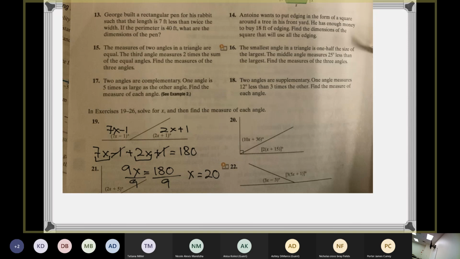So now you actually have to plug it in. 7 times 20 minus 1: 140 minus 1 is 139 degrees. And 2 times 20 plus 1 is 41 degrees. So 41 plus 139 indeed is 180.